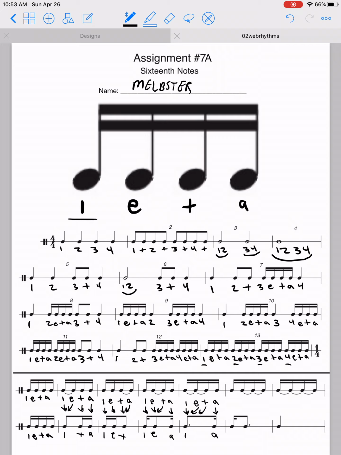Remember, a dotted note says that we take the given note and we add half of its value. So an 8th note plus half of an 8th note, or a 16th note, equals a dotted 8th note. So a dotted 8th note is 3/16 long. And we see that because 1, E, and and all are now in that first note.